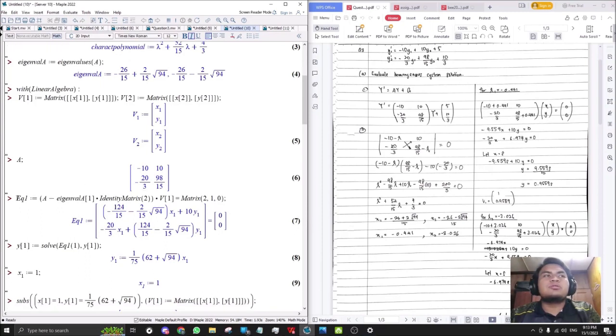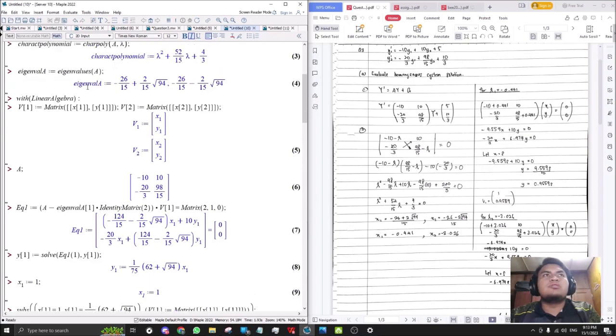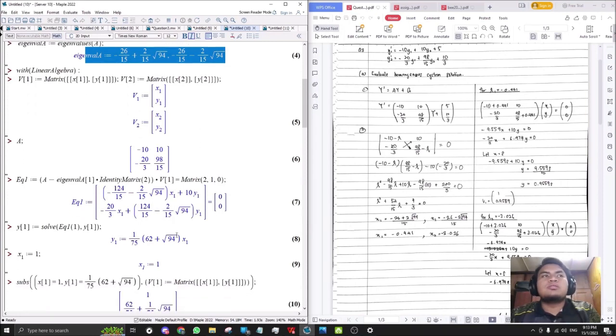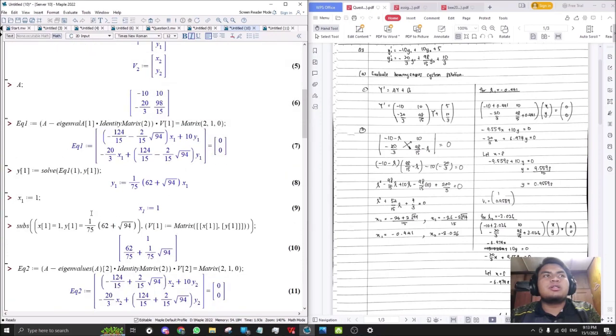So for equation 1, this is the coding to insert the value from here, eigenvalue A, and insert to here. After that, we get the value for y1 and also x1, just the same as the manual calculation. From here, v1 we get 1 over 0.9559.